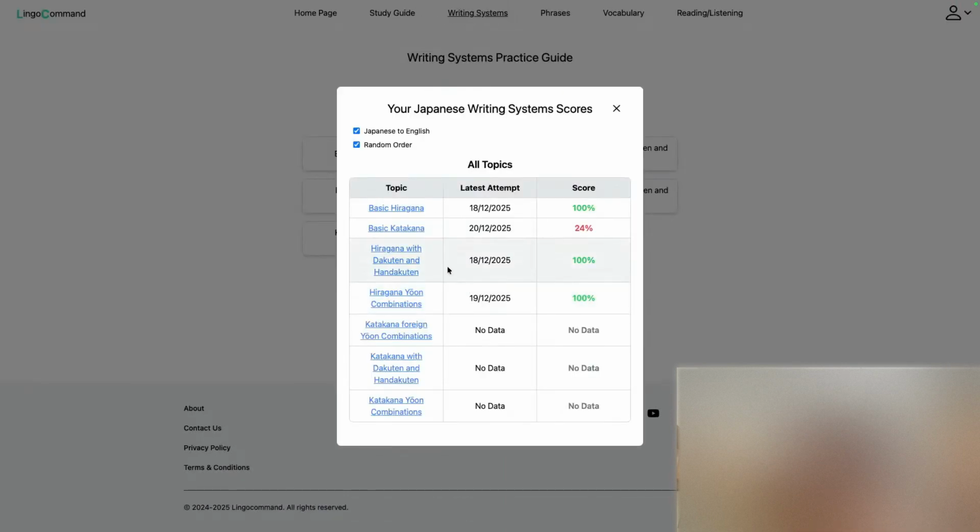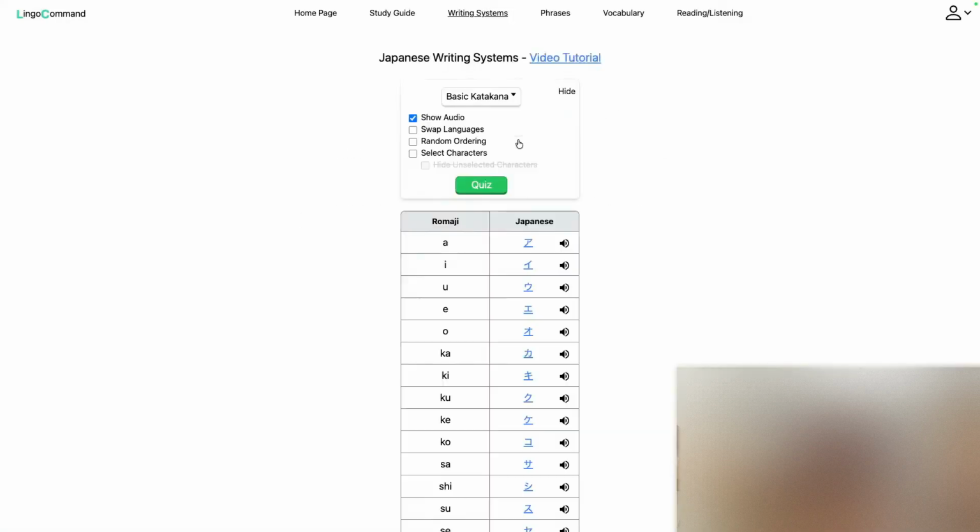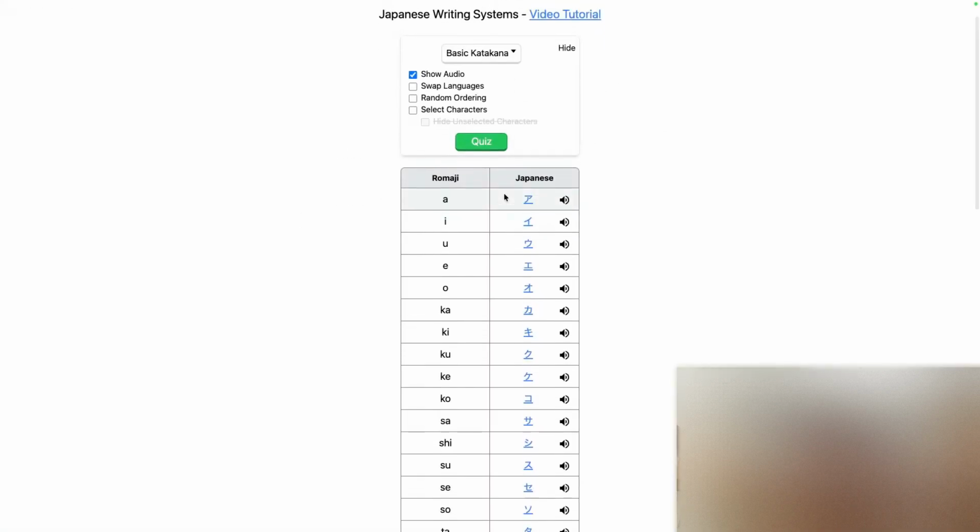And so here you can see my grades from yesterday and the day before. I managed to get those up to 100%. But this one is 24%, so that's very poor. And so what I like to do when studying is break things down into a smaller subproblem.